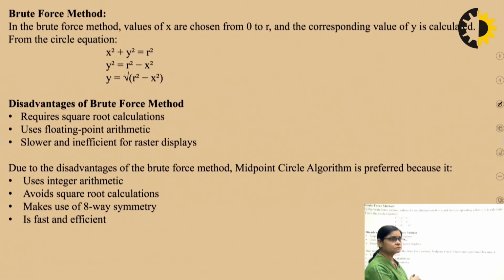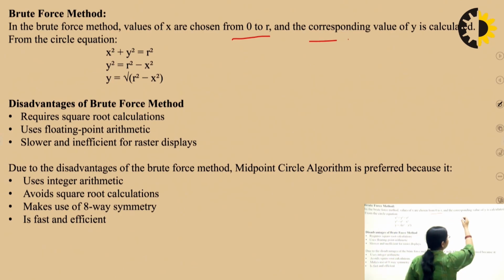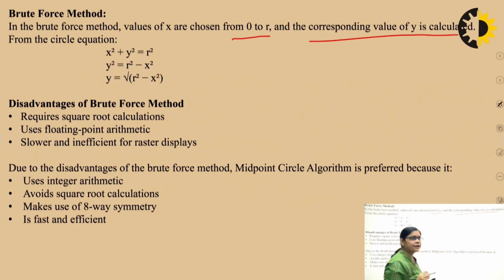Now, coming to the second topic, the brute force method. The brute force method says that if a value of x is chosen from 0 to r, then the corresponding value of y is calculated.